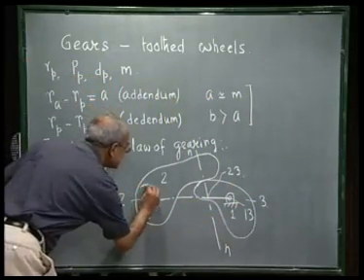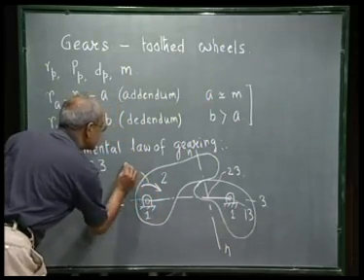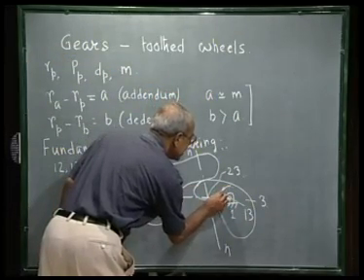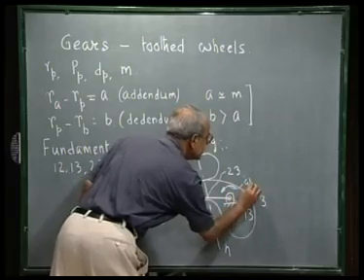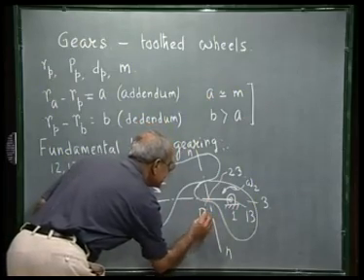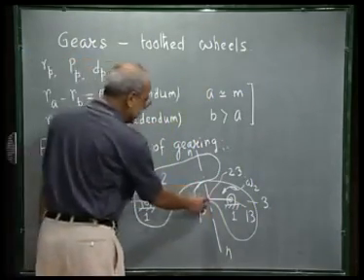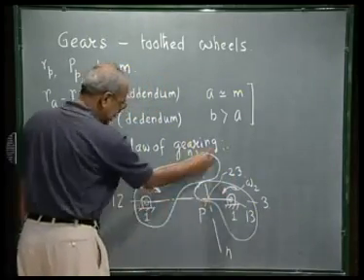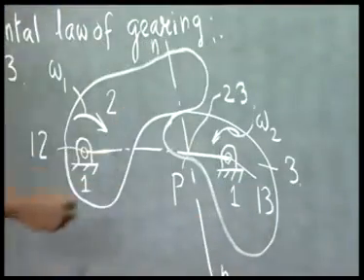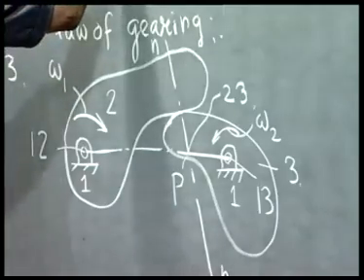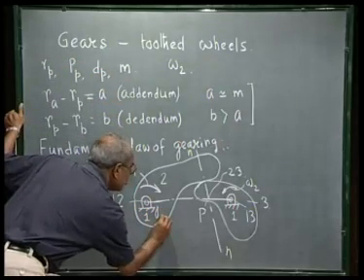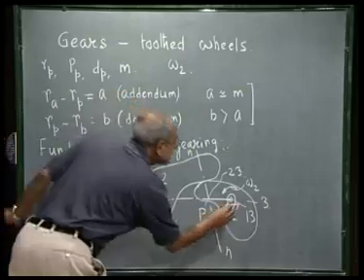Now, if this gear rotates in this direction, at this instant the angular velocity is omega 1, and this gear rotates with angular velocity omega 2, let me call this point of intersection 2, 3 as P. 2, 3 means the velocity of this point considered to be a point on body 2 must have the same velocity if I consider this point P to be a point on body 3, which means omega 2 into, if this point I call O2 and this point I call O3.